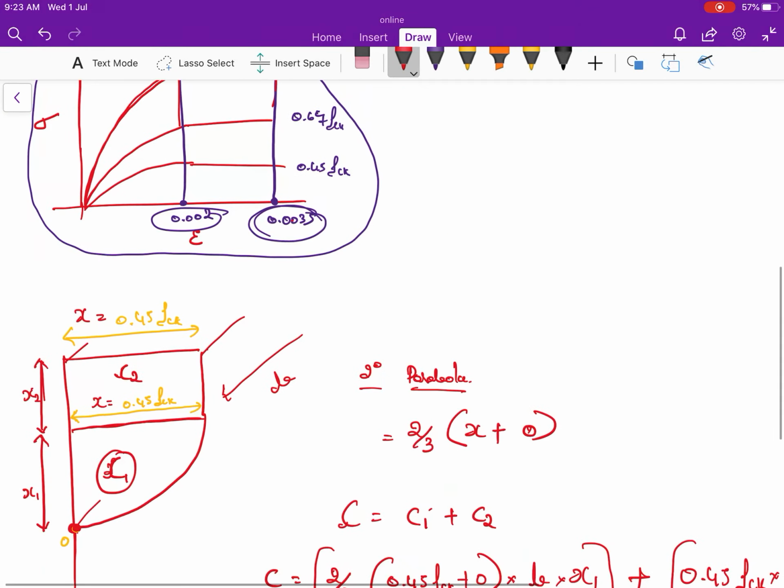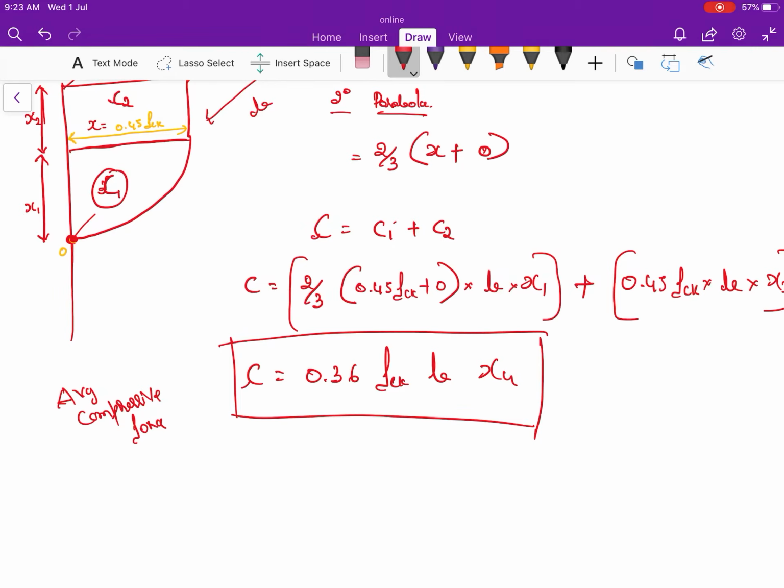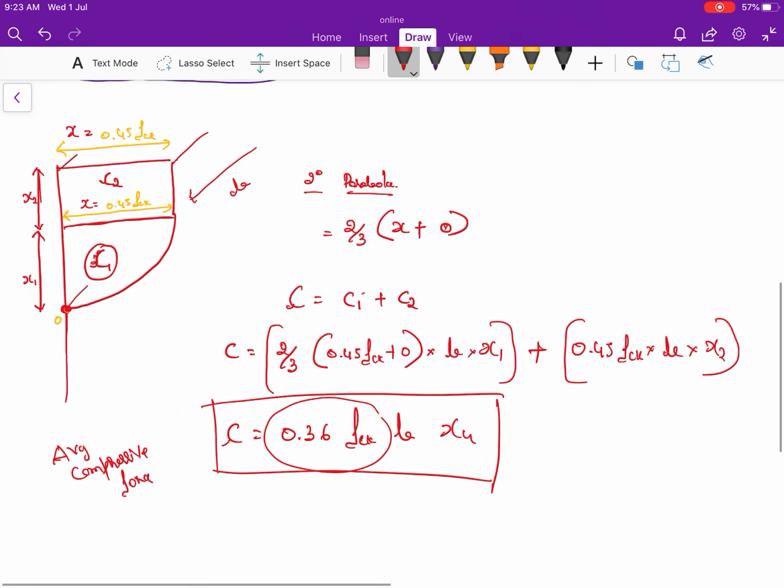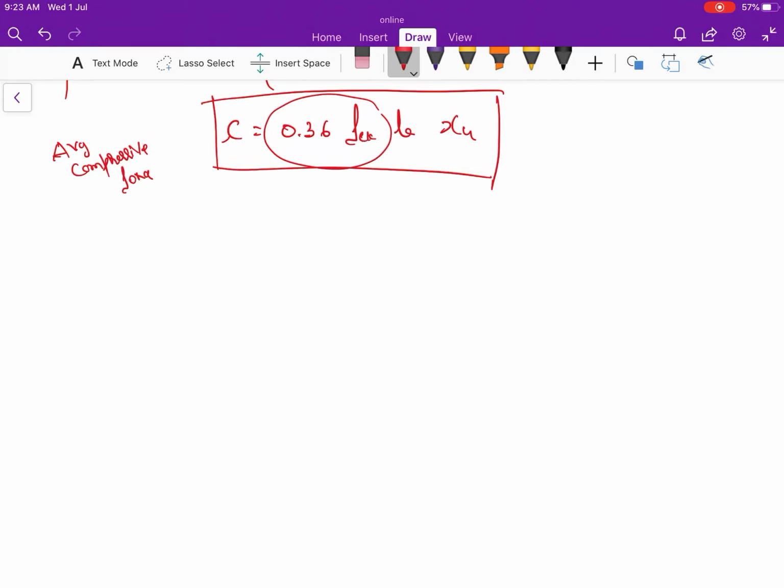That I had already calculated, that is 0.36 FCK B into XU. That in short I had written 0.36 FCK is the average compressive force acting upon the point. But in this section, I don't know where exactly this is going to act. For that I am going to make one more diagram.